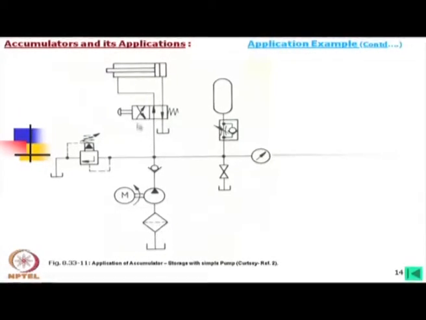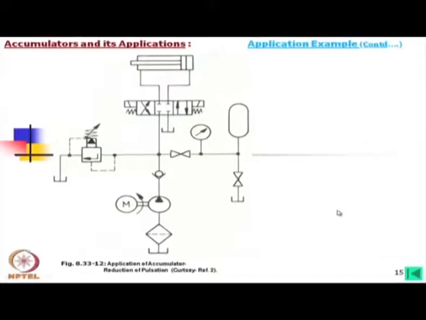Now, next, when this is coming to this position, then oil will go to this side, okay, and oil from here will come back to the system. Again, in that condition also the accumulator may be charged according to the requirements here.